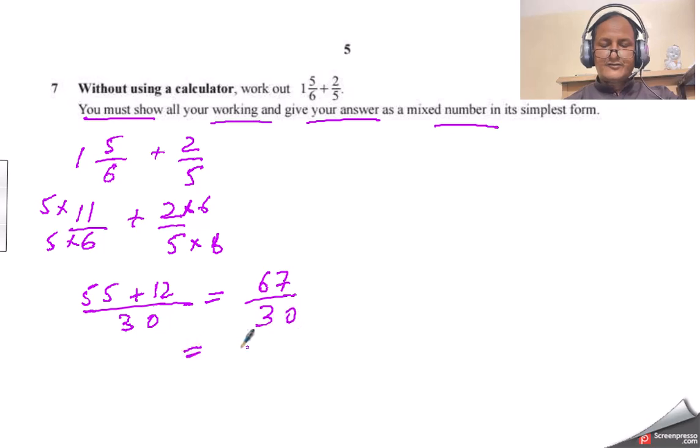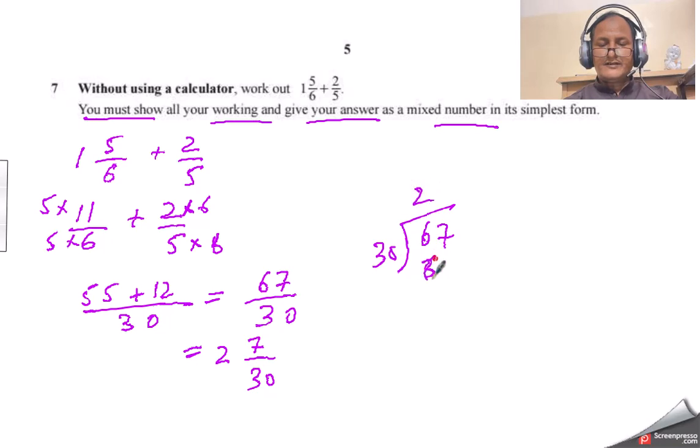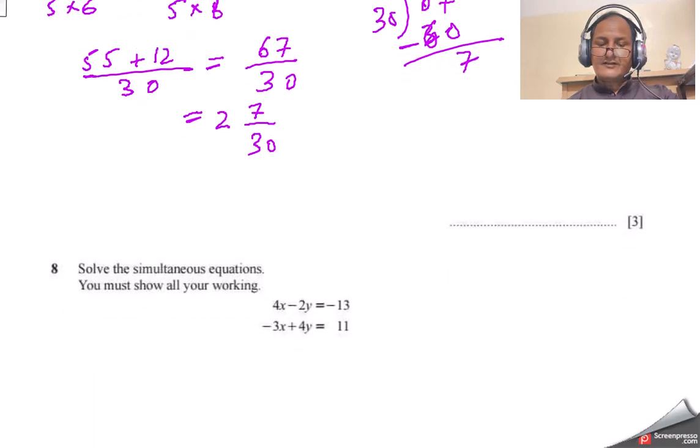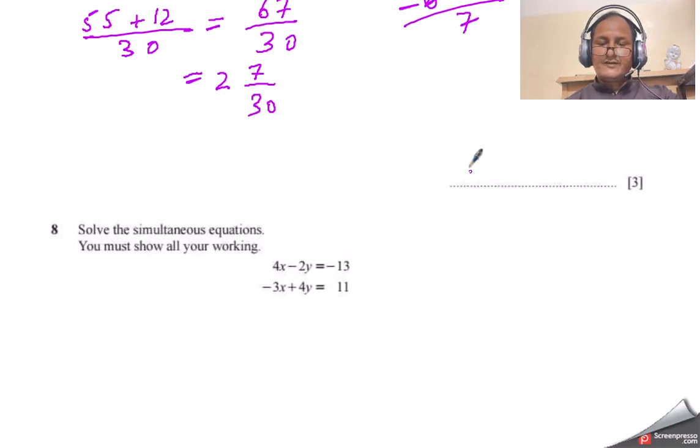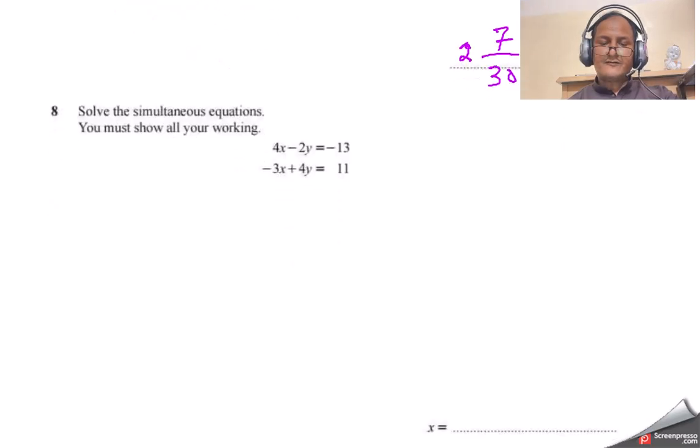That gives us 2 whole 7 by 30, because 67 divided by 30 is 2, 2 times 30 is 60, and the remainder is 7. Then you write the answer in the answer space: 2 whole 7 by 30, the mixed number answer.